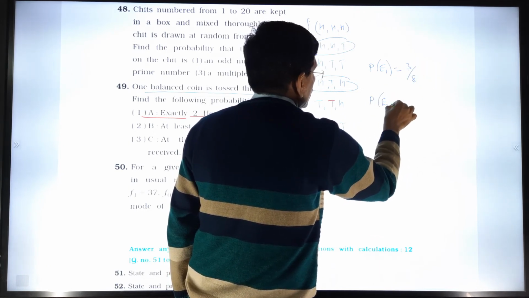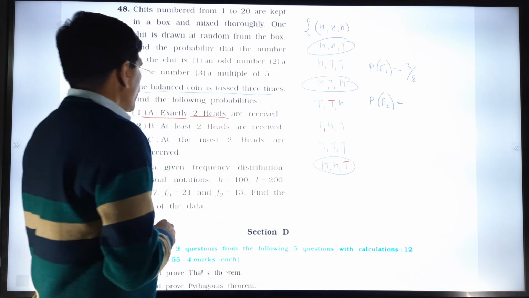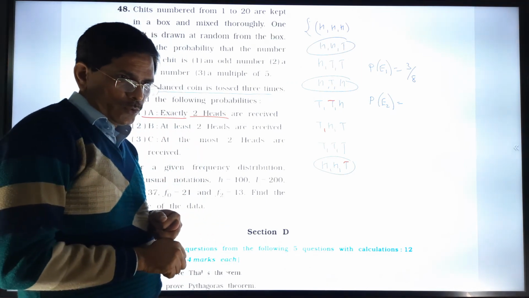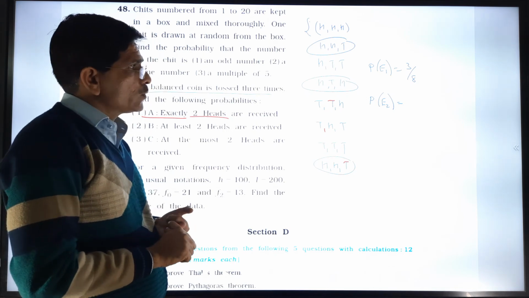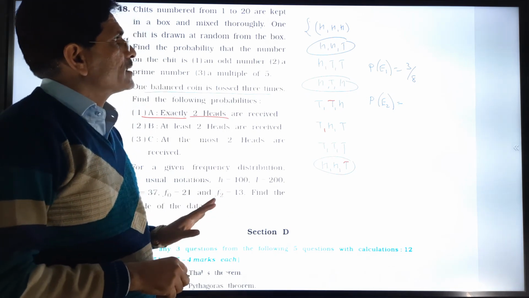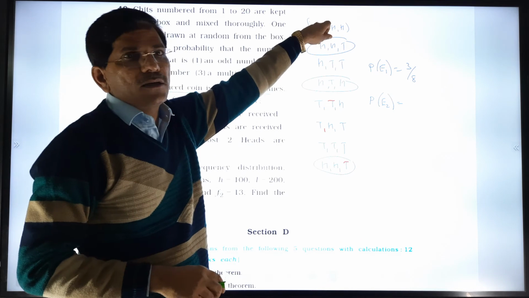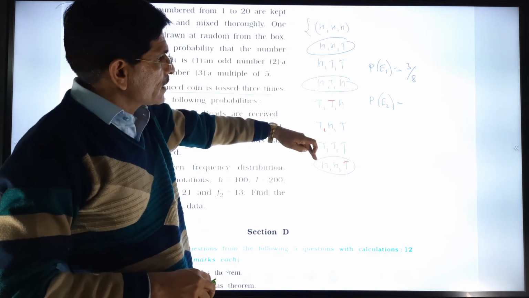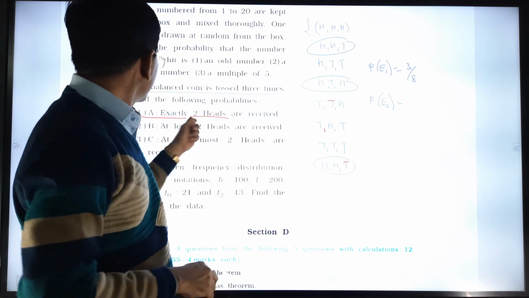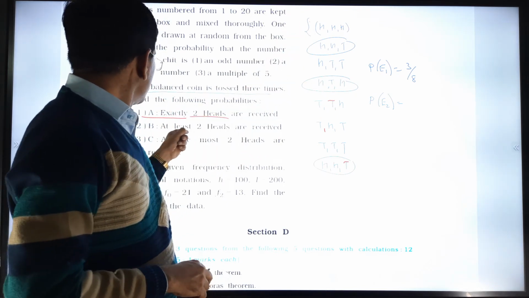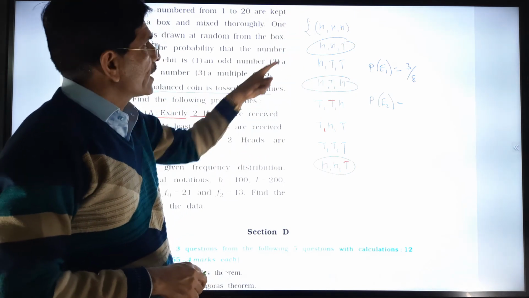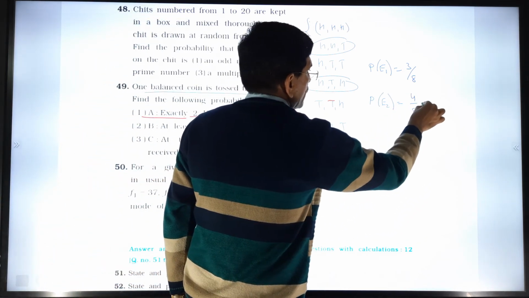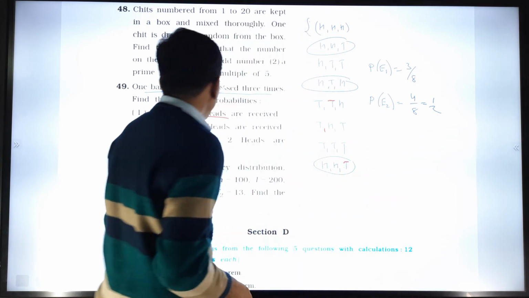Now we do at least 2 heads, minimum 2 heads. So I can take these 3 heads also. So 2 heads is acceptable and 3 heads. The question is at least, which means minimum, so we can take 3 heads also. So we can take 4 upon 8, that is 1 by 2.